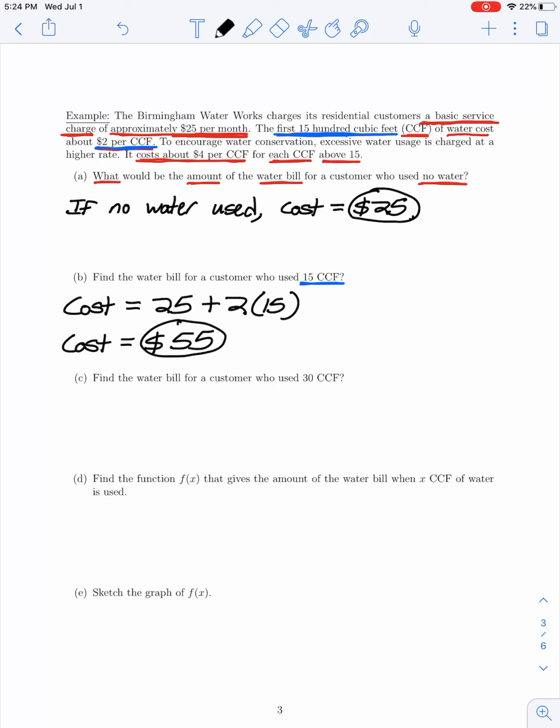All right. Now in part C, we're asked to find the water bill for a customer who used 3,000 cubic feet. So let's figure this out. Our cost would consist of the initial $25 flat service charge, plus for the first 1,500 cubic feet, the cost is $2 per 100 cubic feet, so $2 times the first 15 that we used.